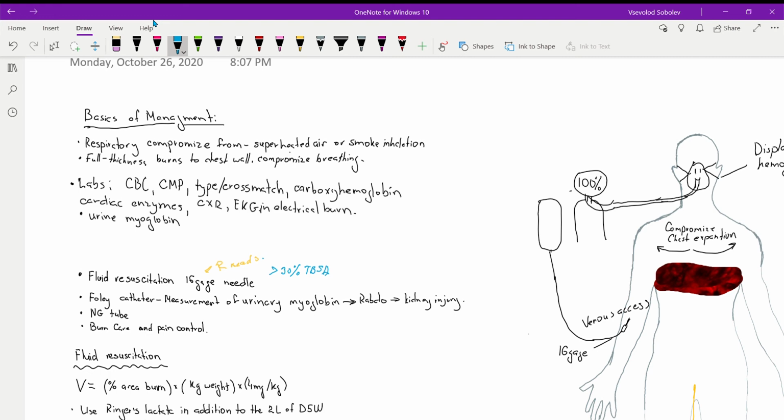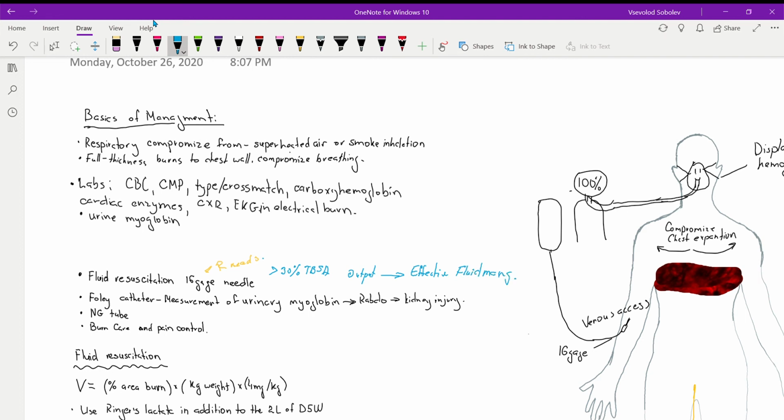It's very important to monitor the kidney function, and the output is a great marker to determine how effective the fluid management is.